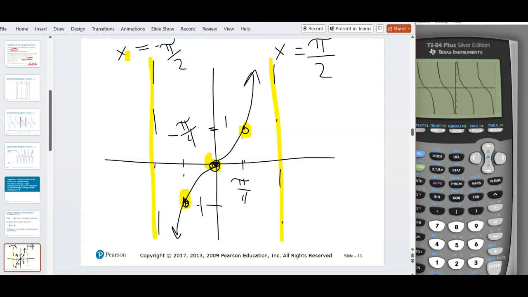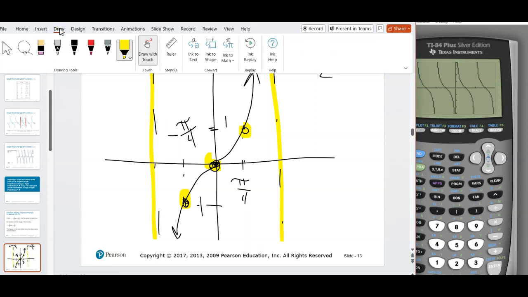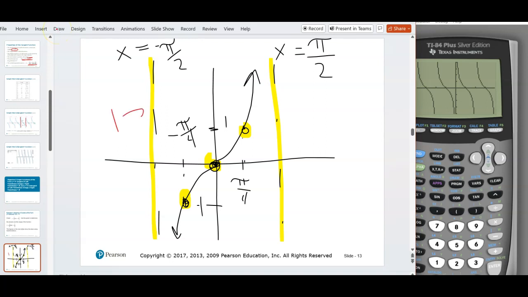I think of 1 as the left vertical asymptote, 2 as the negative 1, 3 as the origin, 4 as the positive 1, and the 5th as the other vertical asymptote.